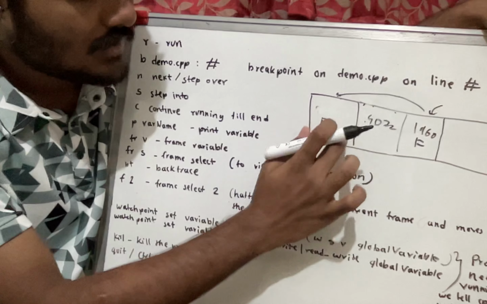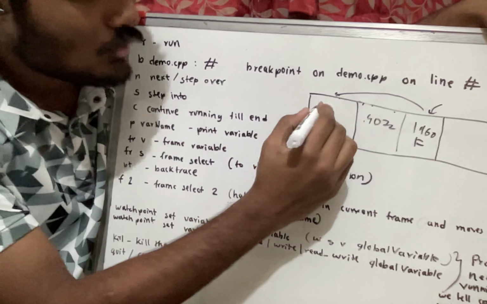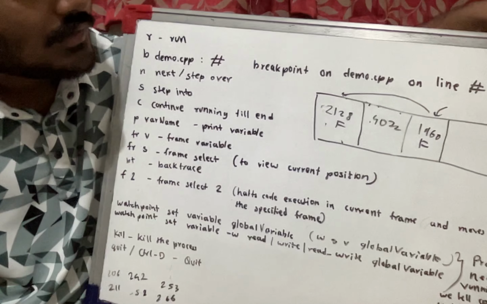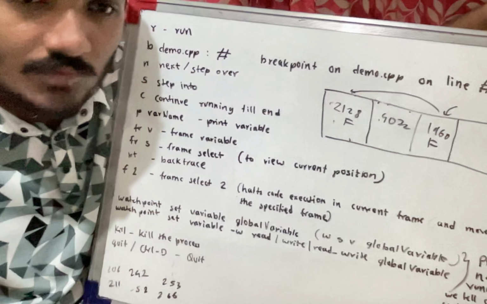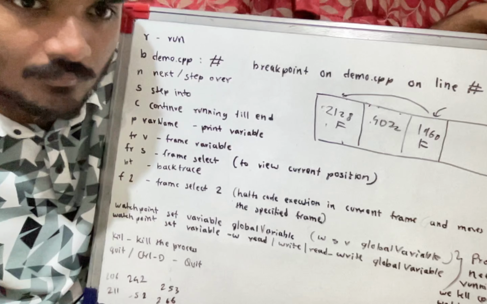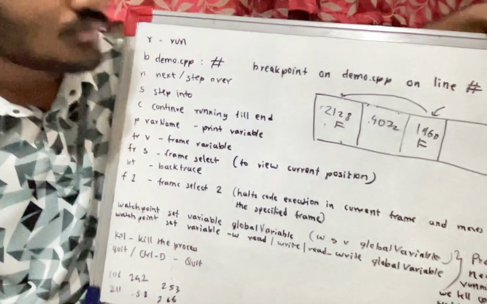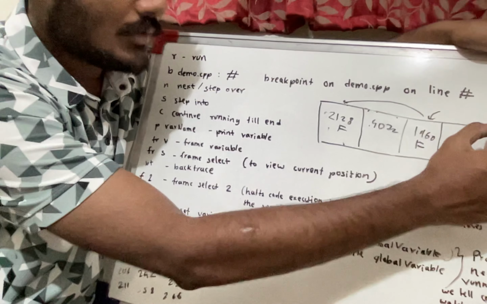After merging them, we get 2128, I guess. Yeah, and then free two is done. Then we have allocate five, 4072, over here.